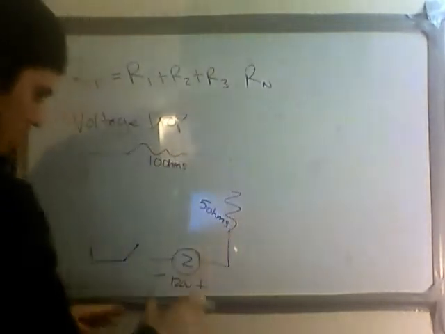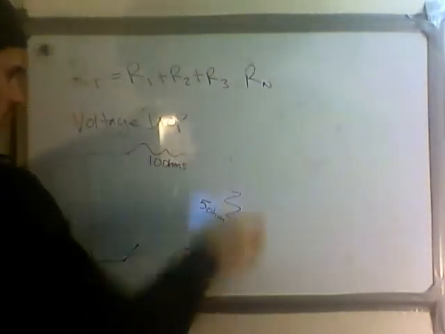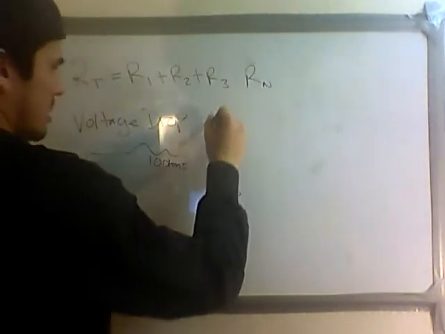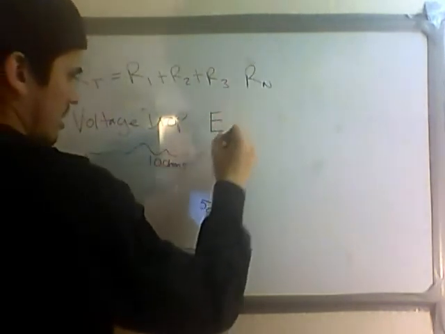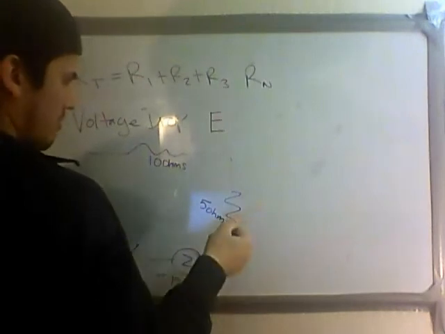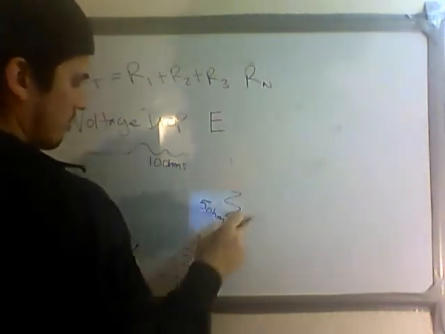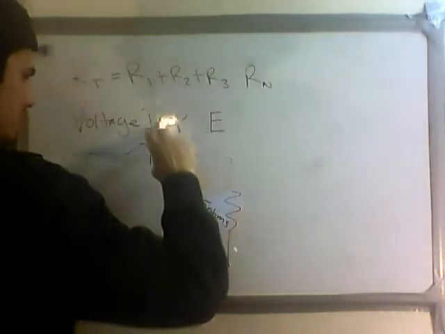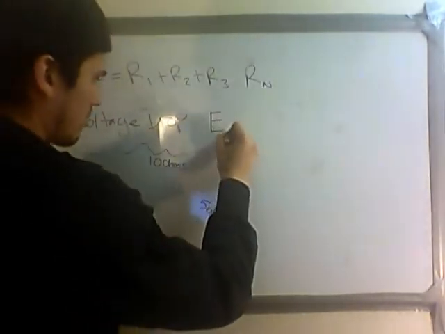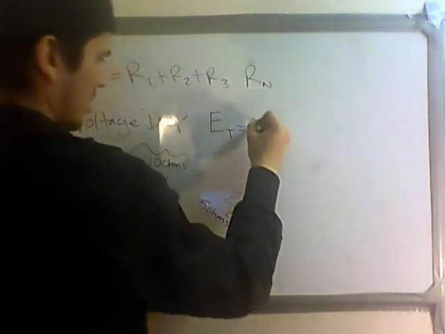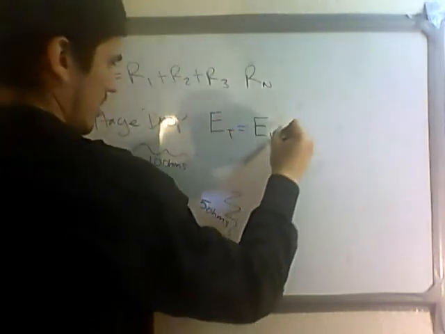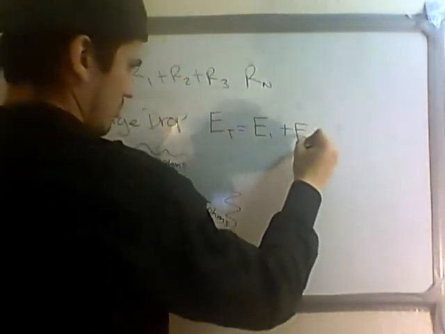Well, the way you calculate the voltage drop, which we are going to use E for, is that the voltage of this one and the voltage of that one should equal the total voltage. So E total should be voltage 1 plus voltage 2 in this case.